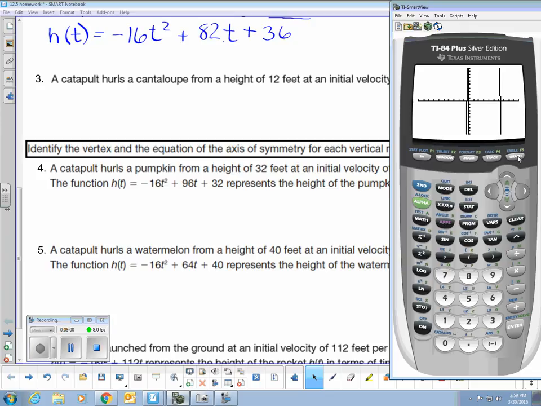My window does not show the vertex of this parabola, so I need to change my window. Alright, so it's still not apparent what my vertex is.